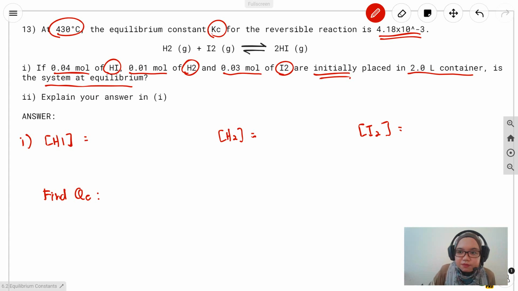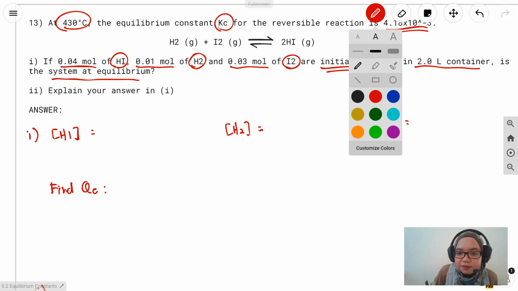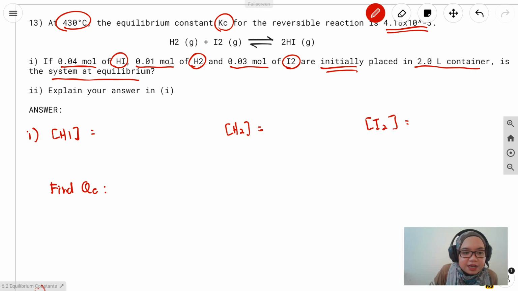So now, what we need to do is find the concentration for all the species, because we need to find the Qc. So here, the concentration of HI is 0.04 mole divided by 2.0 liter. We will get the concentration is 0.02 molar.